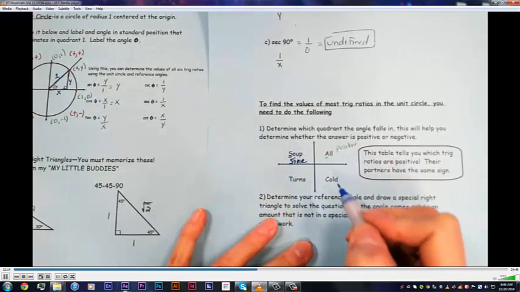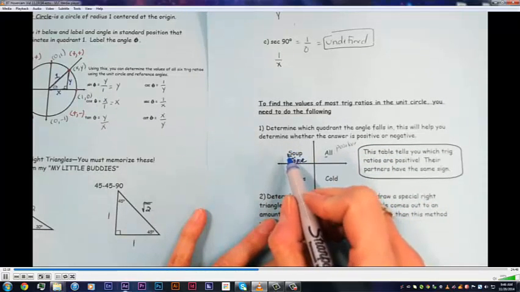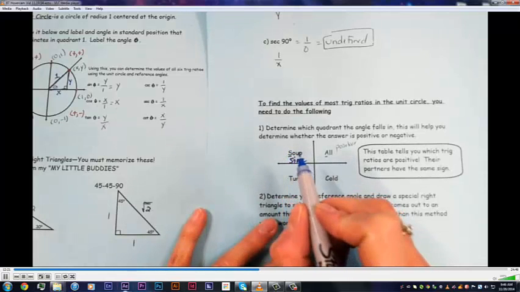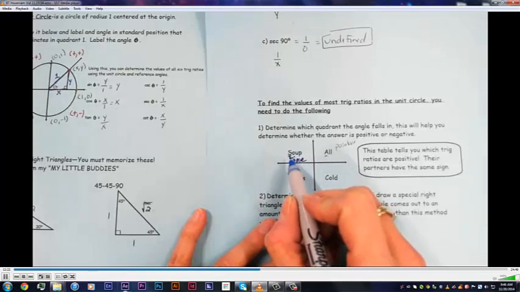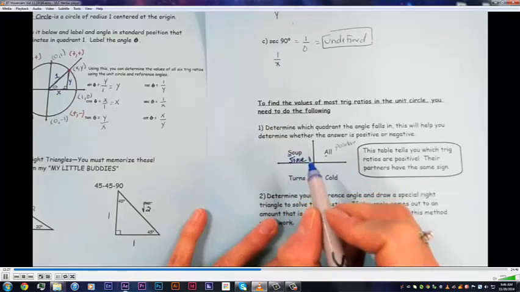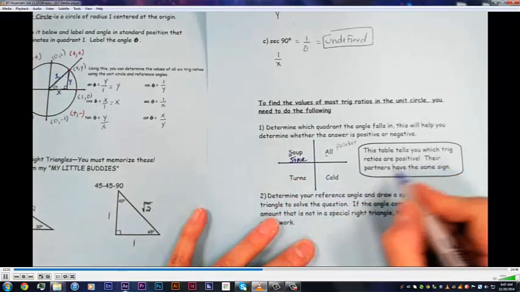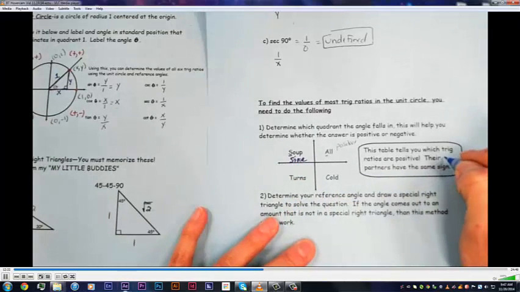So the S is for sine. So what that means is the only trig ratios that are positive are your sines. If you're taking sine of an angle and that angle is in the second quadrant, then that ratio is going to be positive. Now also over here, I would add this to the little bubble, reciprocal.